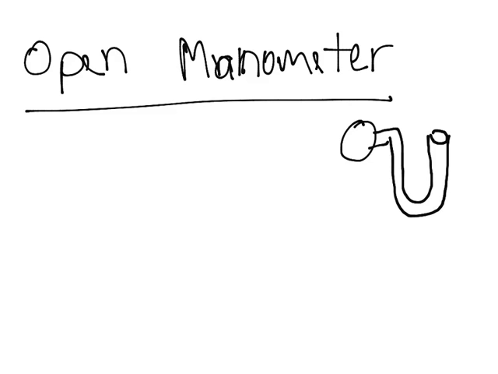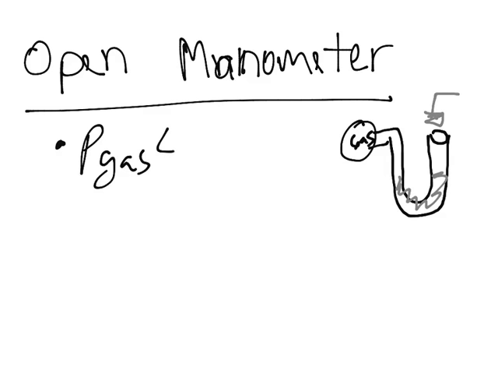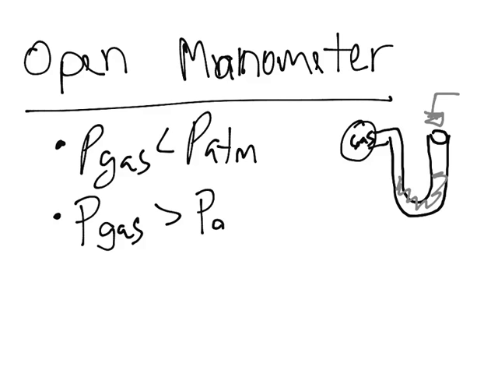We will still have our same setup with the mercury here, but we'll have to count what gets in here. This will be your gas right here. And well, we'll have two cases. The first, if the pressure of the gas is less than the pressure of the atmosphere. And the second case is if the pressure of the gas is higher than the pressure of the atmosphere. And we'll do problems for each of them.